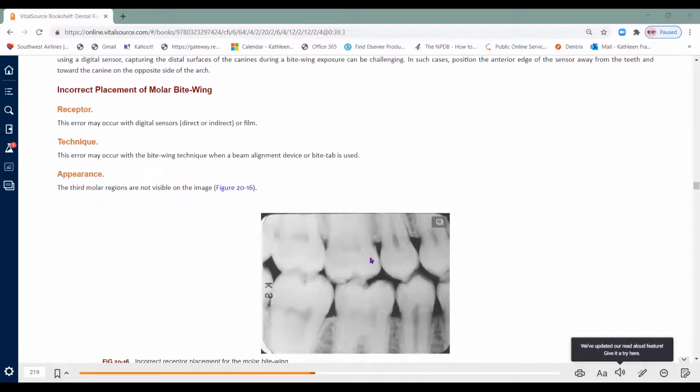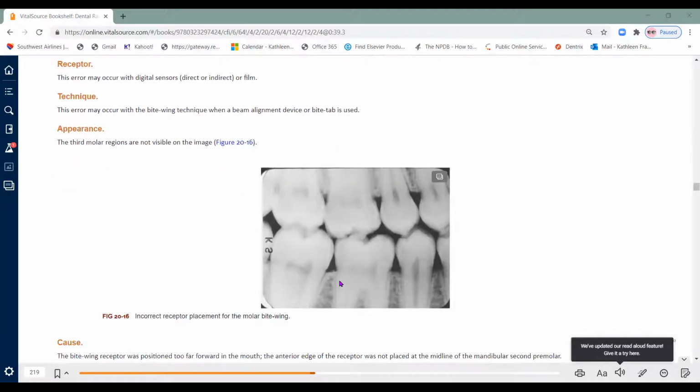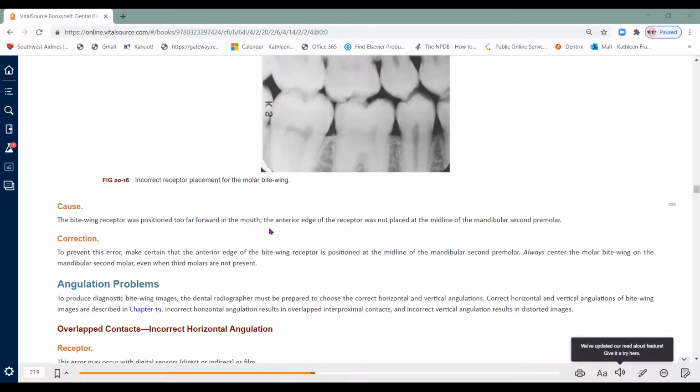So if I'm taking a premolar shot, concentrate on these premolars, and I want to get the mesial edge. Now this is a bad molar shot because I can see the third molars, but it's not on my film. If you don't see the third molars, then don't worry about it, okay?